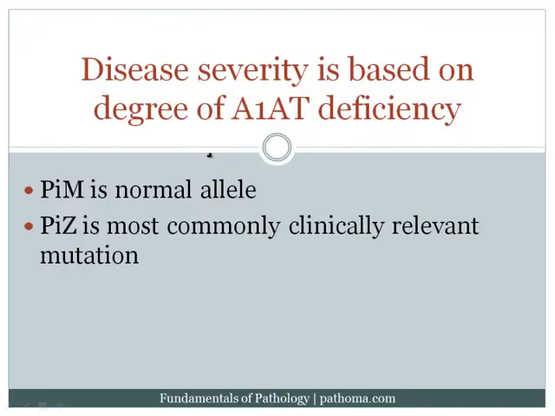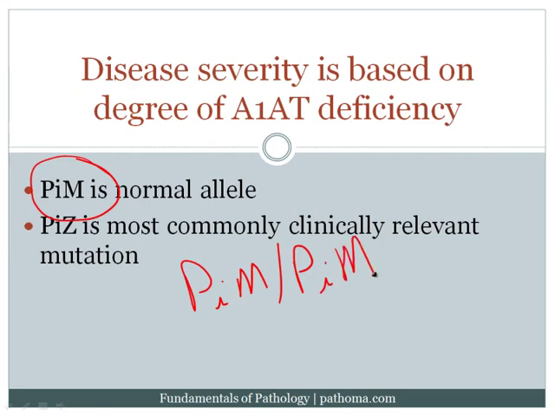Now, one more thing that we have to be familiar with, and that is the genetics behind alpha-1 antitrypsin deficiency. Let me remind you that the alpha-1 antitrypsin gene comes in multiple alleles. The most common allele or subtype is called PiM, so that most patients actually have PiM and then another copy of PiM. Most people possess this allele, and this is the normal allele, so there's no problem.